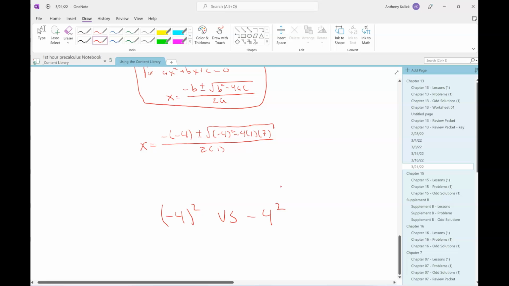Does your calculator recognize the difference between these? Absolutely. They are not the same thing. Which one is the one that you want to be typing into your calculator for this problem? The first one. If you type in the second one, this one's going to give you positive 16. This is going to give you negative 16.